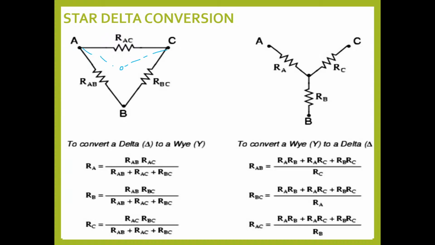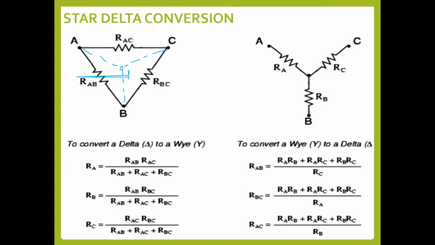Draw a dotted line towards the meeting points of these resistors. Okay.